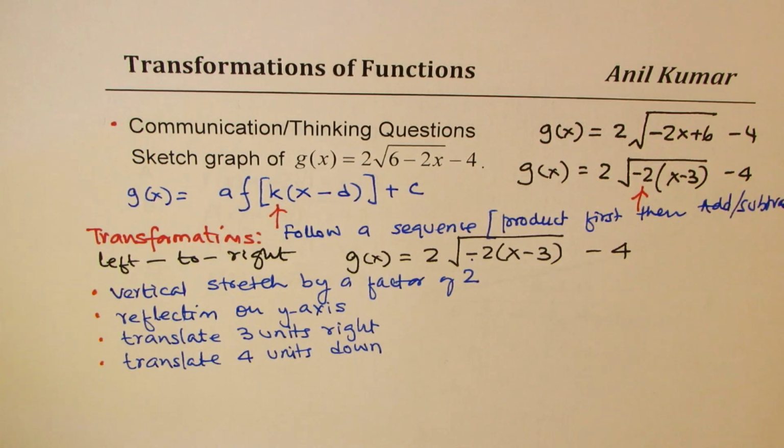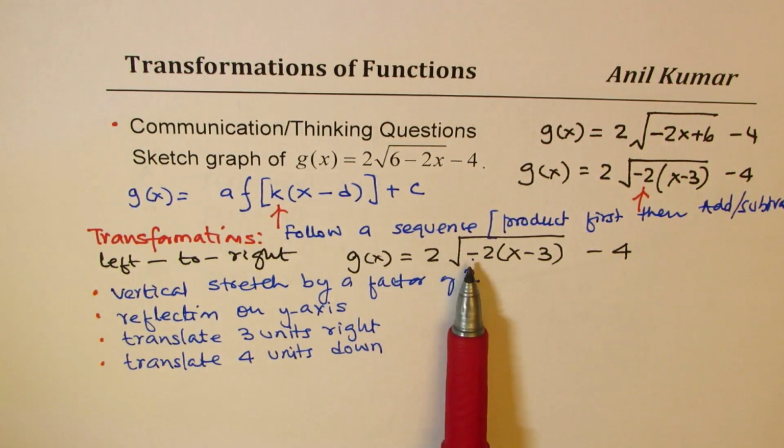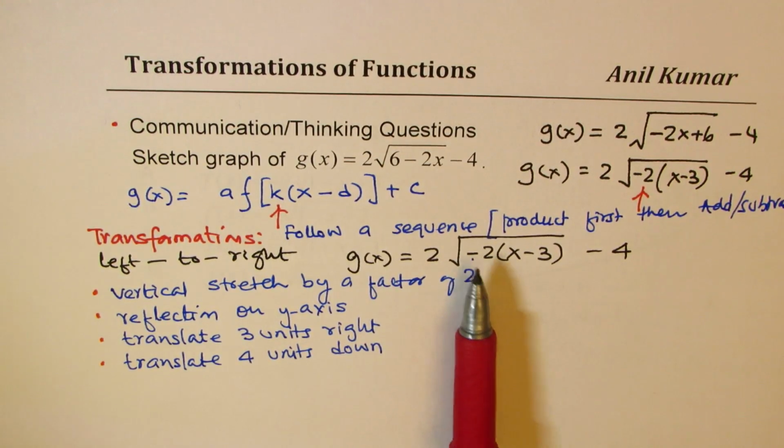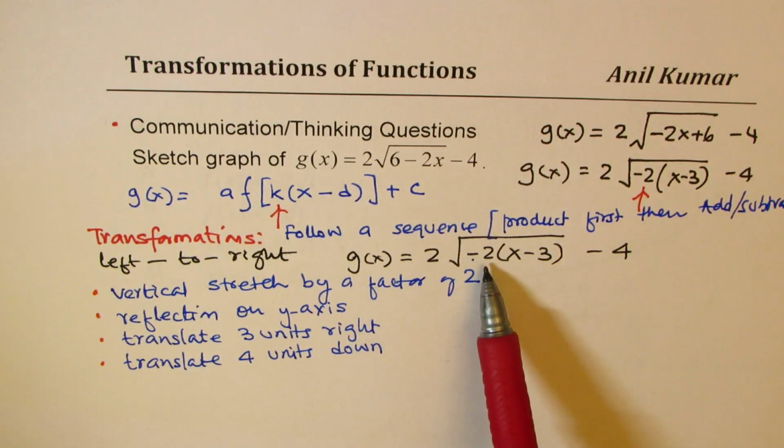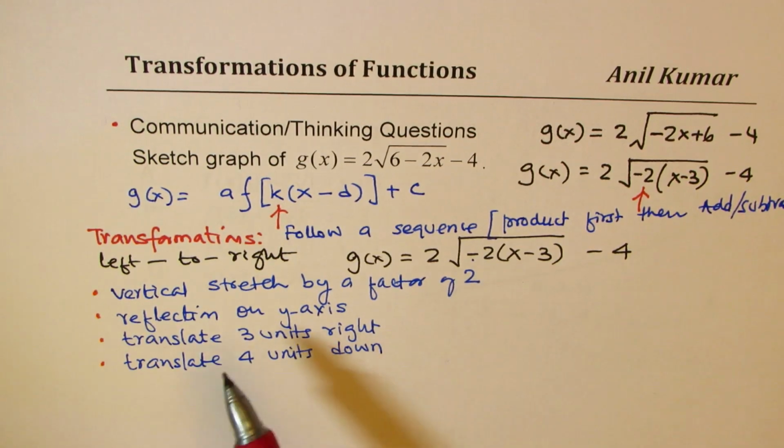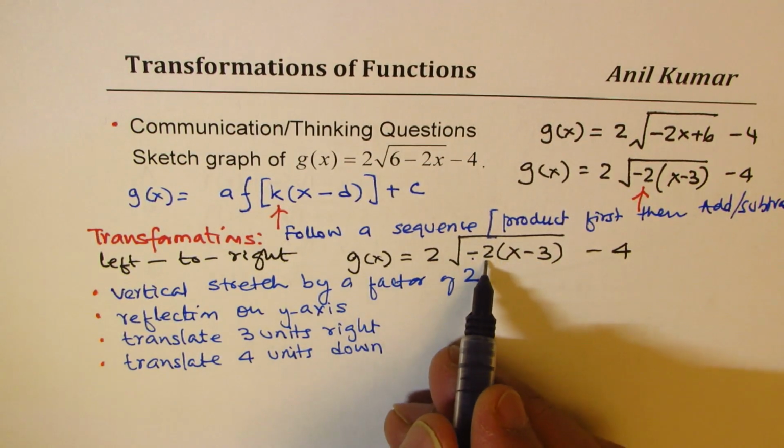Right? So we need to vertically stretch by a factor of 2, reflect on the y-axis. Now this I forgot to write about 2. Horizontally compressed by a factor of half. Let me add here before translations. I forgot this 2.